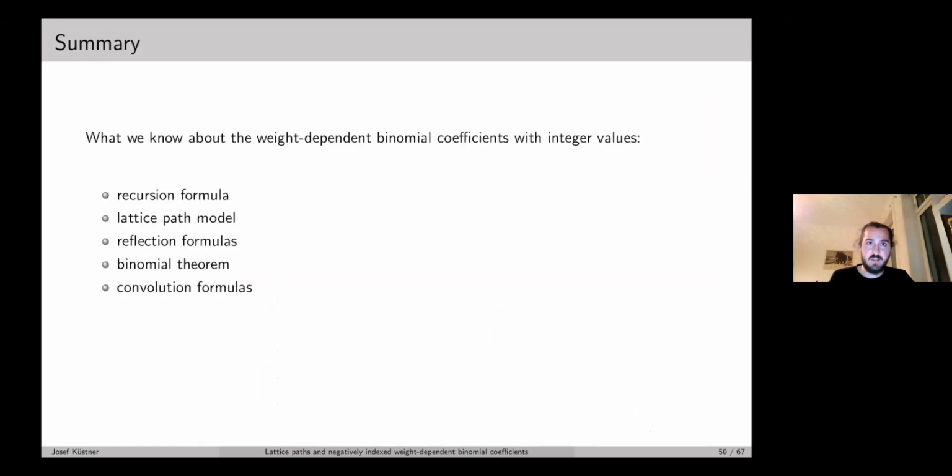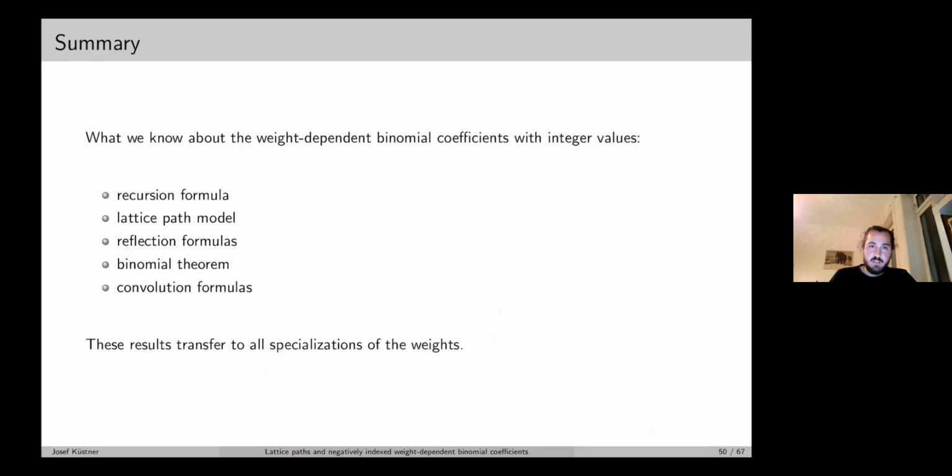It's so important now. So a little summary of what we know about the weight-dependent binomial coefficients for integer values. We have this recursion formula, they're defined by the recursion formula. We have a lattice path model. Then we have the reflection formulas. We have the binomial theorem and the convolution formulas that I showed you at the end.